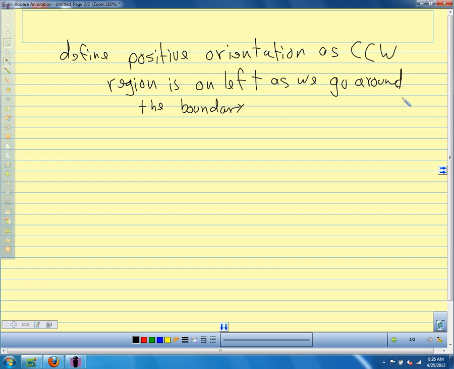We're defining this orientation because when we parameterize our curve, we introduce an orientation, and we want to agree on what our positive orientation is. All right, now we're ready to state Green's theorem.